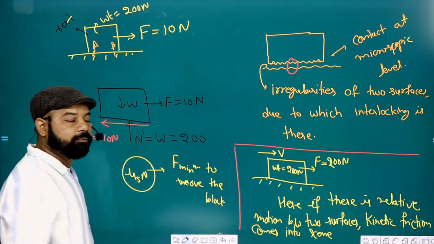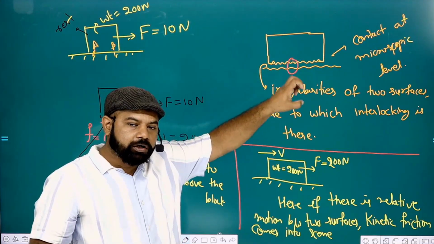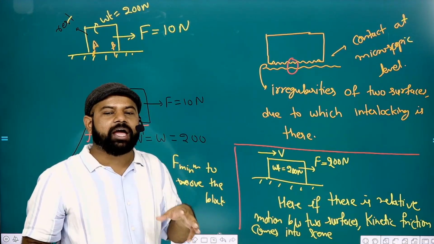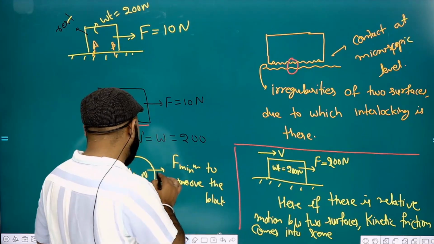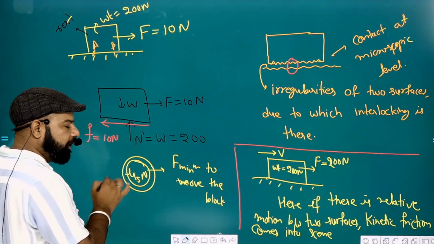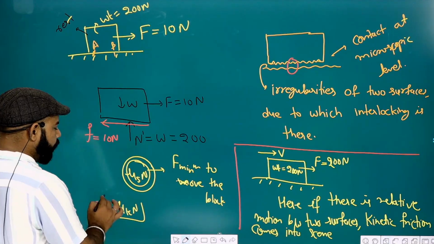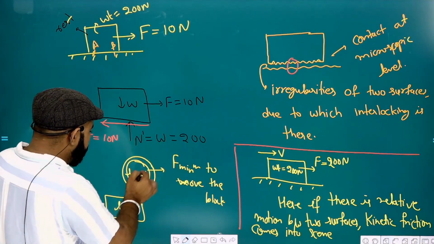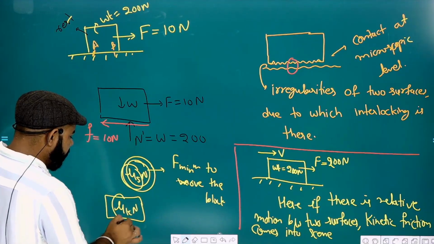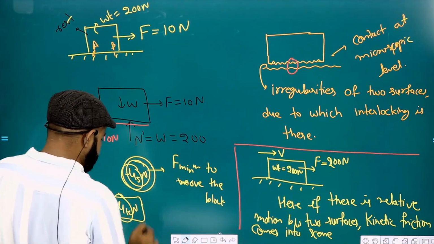But once the movement has started, this interlocking will be weaker, and in that case we have to apply somewhat lesser force than this mu s into N, and that lesser force is nothing but mu k into N. So here I want to make this point that mu k is always less than mu s, right?